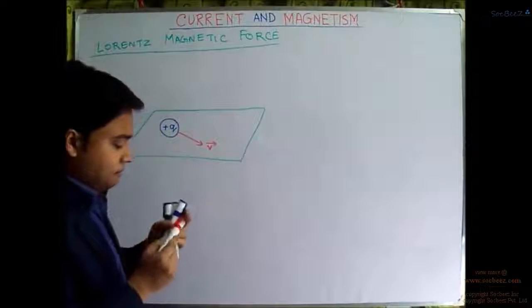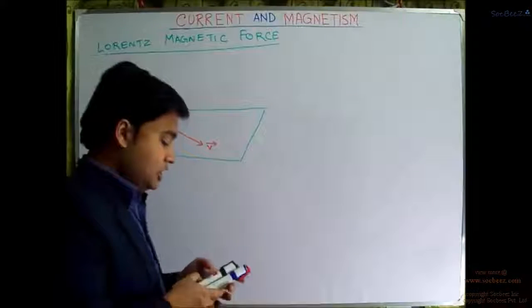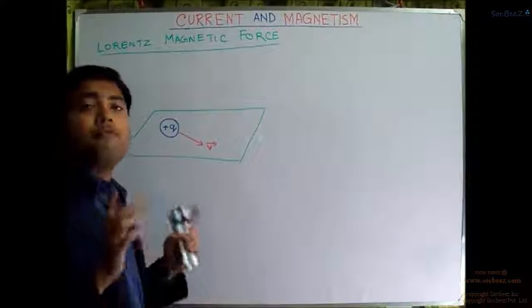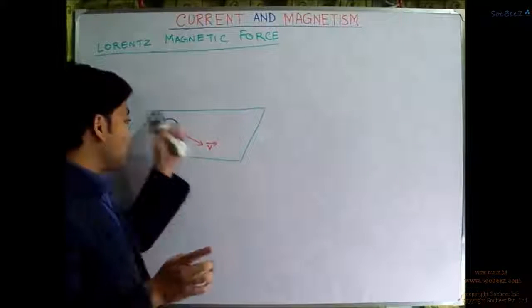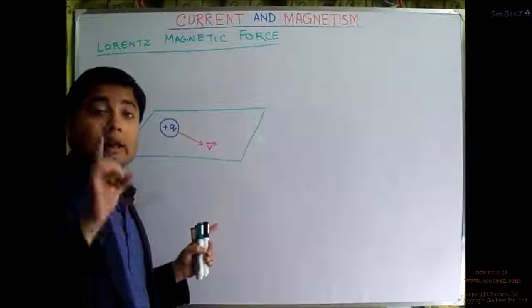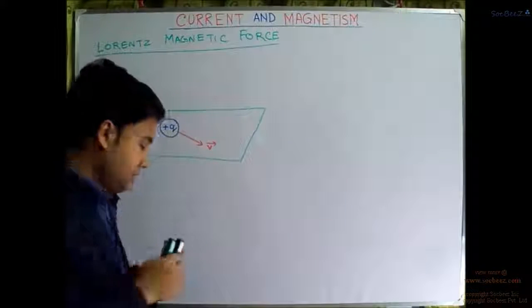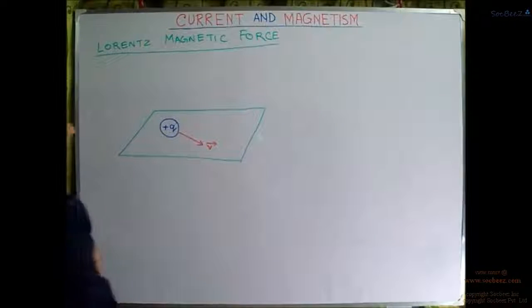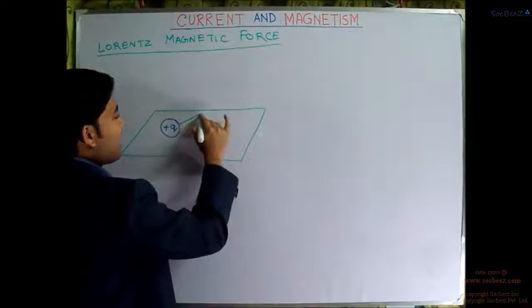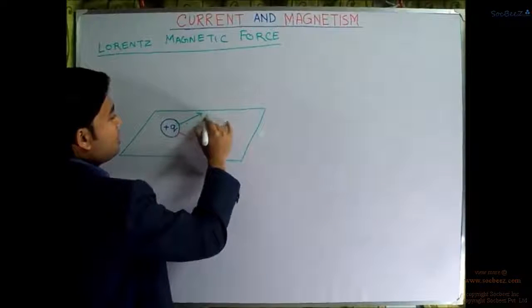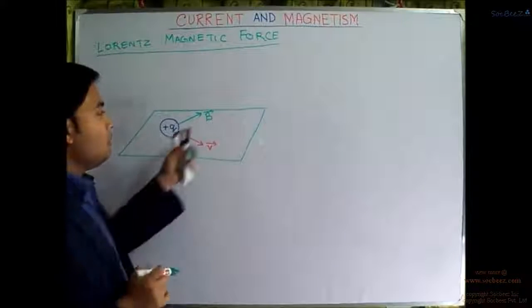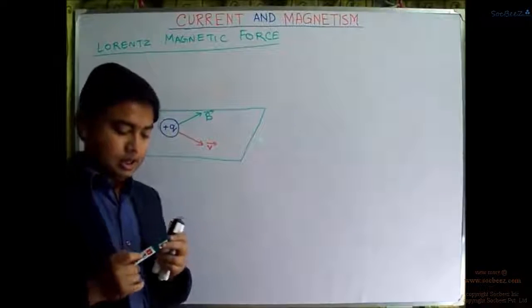Now, for example, if the magnetic field is present, say this is the magnetic field B, right?